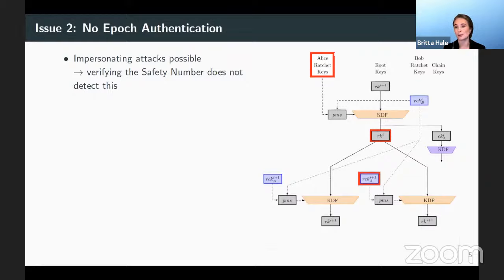However, if you're talking about Alice and Bob comparing QR codes out of band, for example, this will not be detected because, once again, those QR code computations are based on long-term static values and have nothing to do with what's happening here in a given epoch. So essentially, Alice and Bob can compare, everything looks great in person, all the while being man in the middle.